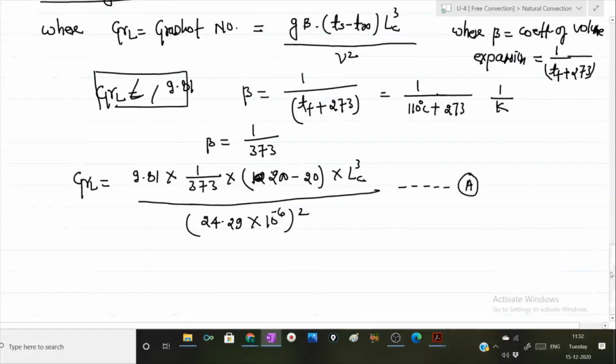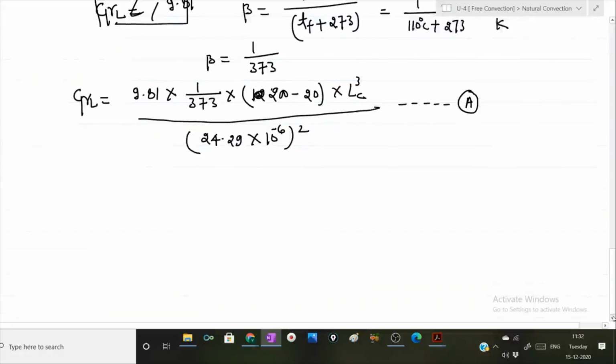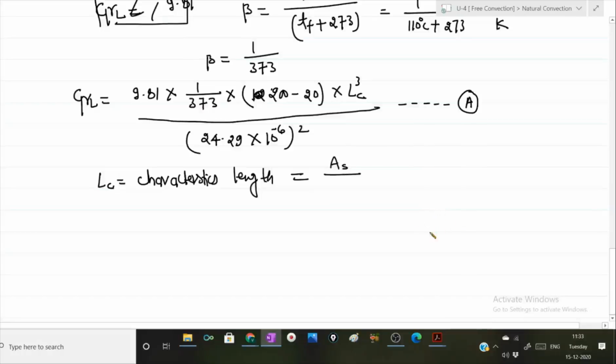Now in order to calculate GR, we need to calculate Lc. Now Lc is called as characteristic length, and it will be calculated as As by P for horizontal surface.